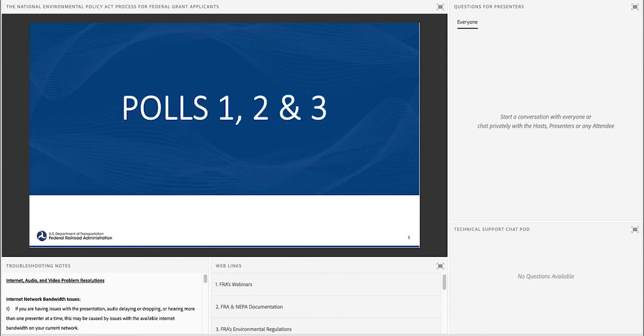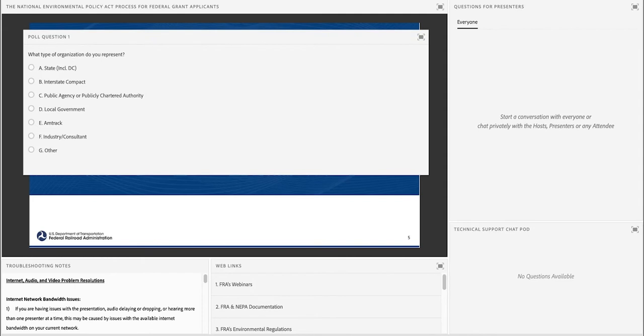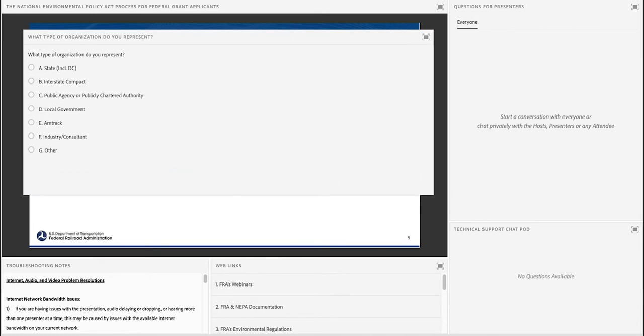All right, so we talked about polls just a minute ago, and we're going to have our first three polls. Our first question is, what type of organization do you represent? A, state; B, interstate compact; C, public agency or publicly chartered authority; D, local government; E, Amtrak; F, industry or consultant; G, other.